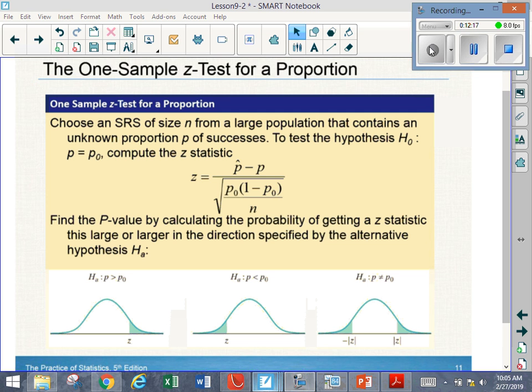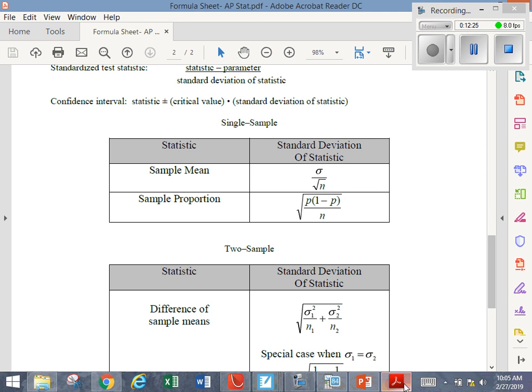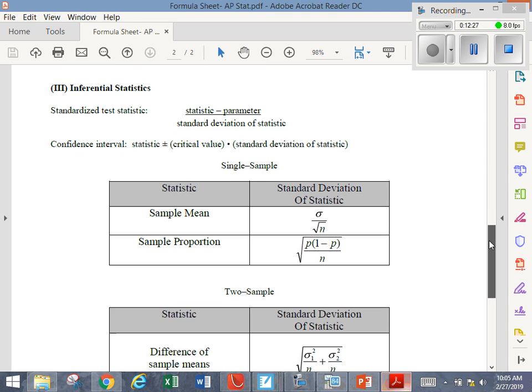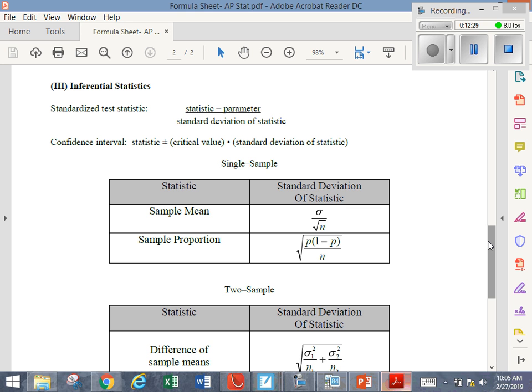All right, so you can find variations of each of these formulas on your formula sheet. Essentially, the framework of it is your statistic minus your parameter. Your parameter is going to be the value of your null hypothesis, right?